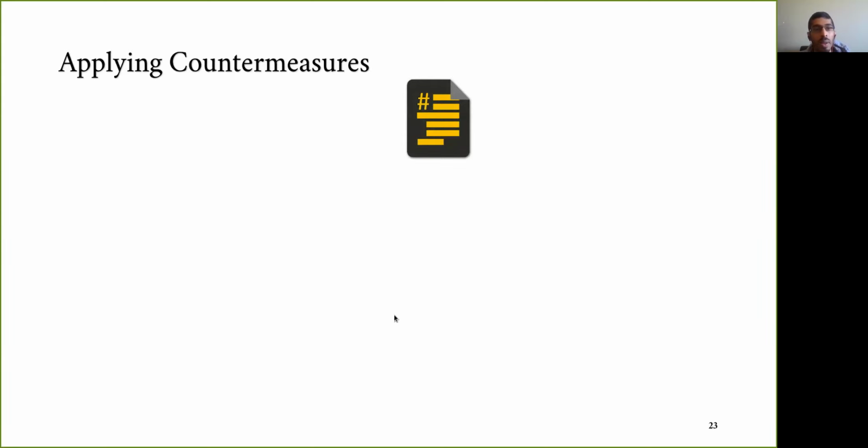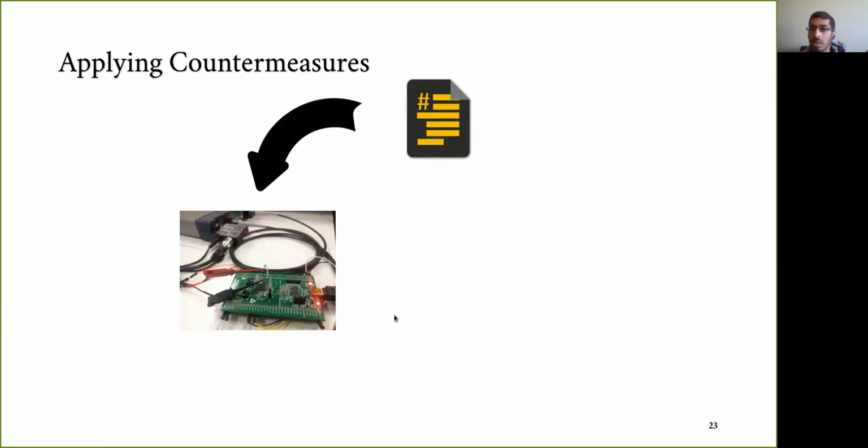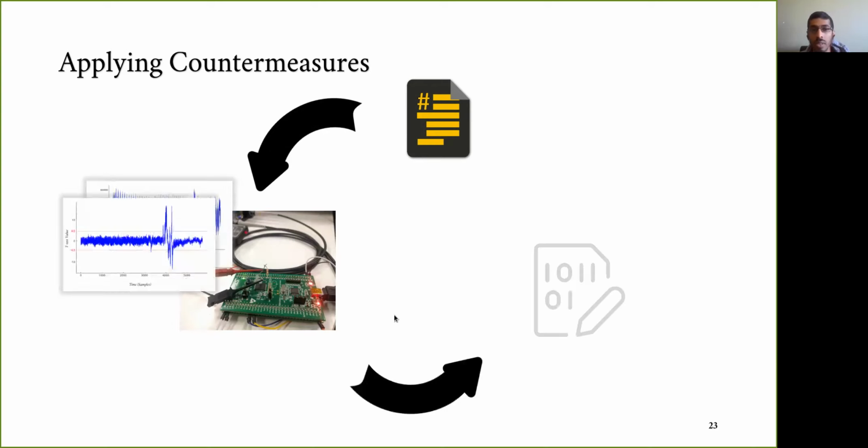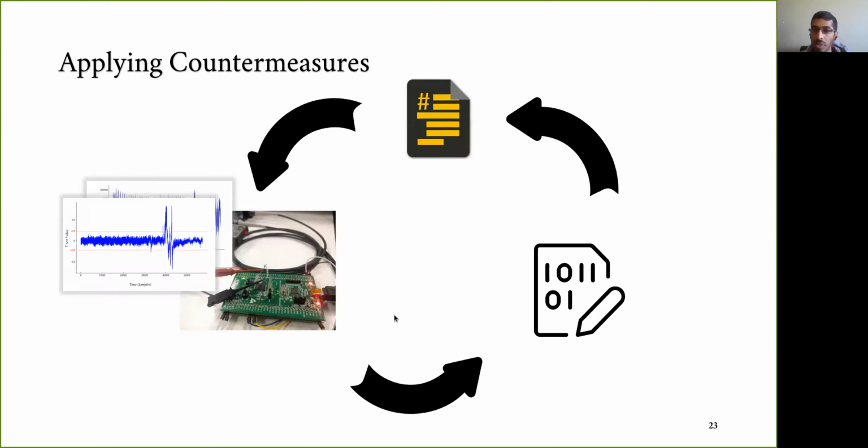We start out with the initial implementation, and then we run it on the experiment device, gather traces, make the changes that are needed to fix the leakage, and repeat the cycle. So this is bad. This is very tedious, very involved, and takes a lot of time and a lot of expert knowledge to do.